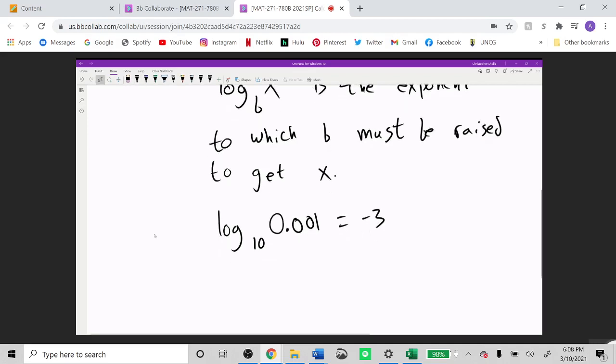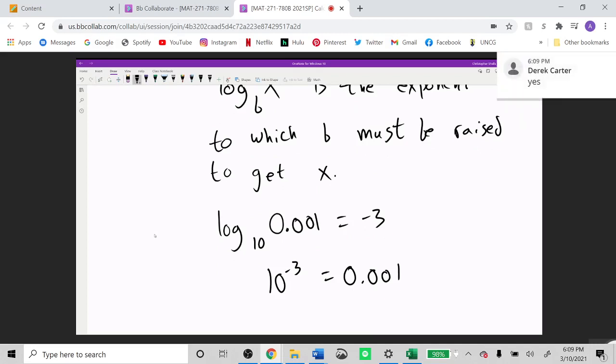This is because 10 to the -3rd is equal to 0.001. So -3 is the power that you have to raise 10 to in order to get 0.001. Does that make sense? This is how the logarithm is defined.